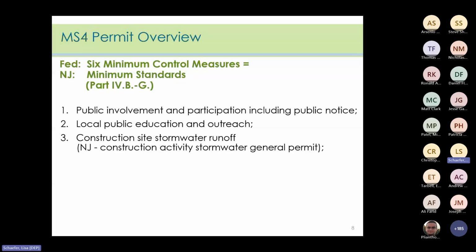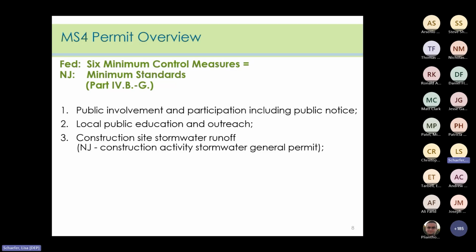All right, the 6 minimum standards include the following 3. 1, public involvement and participation, which includes the requirements for public notice. 2, local public education and outreach, which can include labeling storm drains, training on building rain barrels, and other measures to increase public awareness on pollution prevention. 3, construction site stormwater runoff, which requires construction activities to be authorized under the Industrial 5G3 Construction Activities Permit.